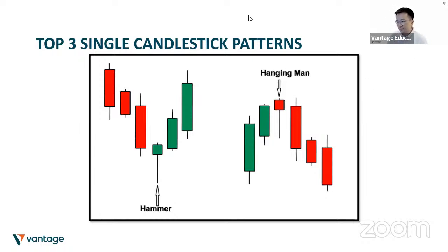It's because a hammer could indicate a reversal, but if you consider that, let's say the last move has been a big downward drop, a huge downward drop, and the next support level is significantly below, let's say at that point there, and you see a hammer form here. This reversal might be only short term.